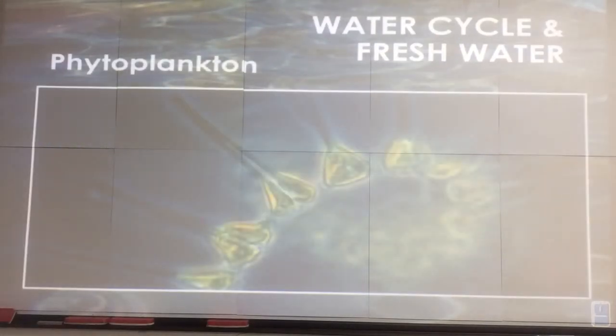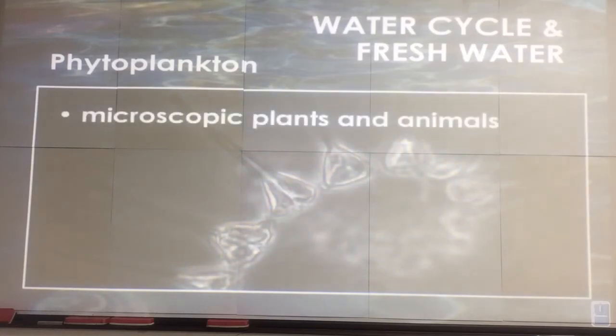Our oceans are extremely important. Even though it's salty water and we can't drink it, it contains resources for us in the form of food. But a great resource in here is what we call phytoplankton. Now, phytoplankton are microscopic, very, very tiny plants and animals. And this is an example of a plant phytoplankton.